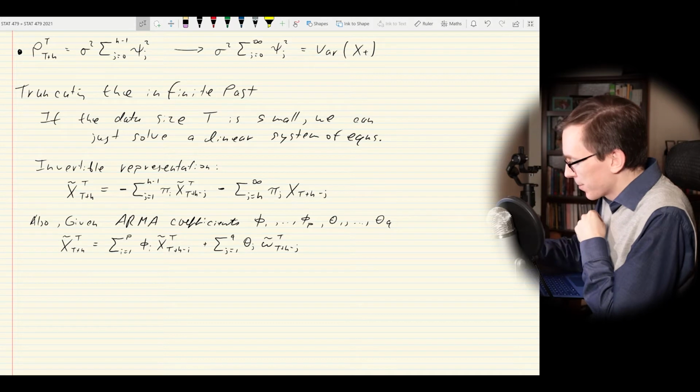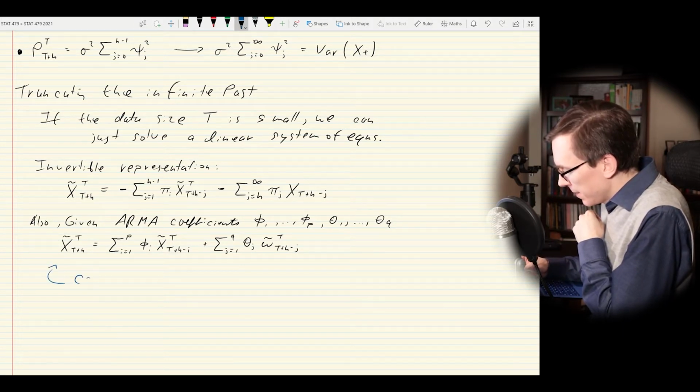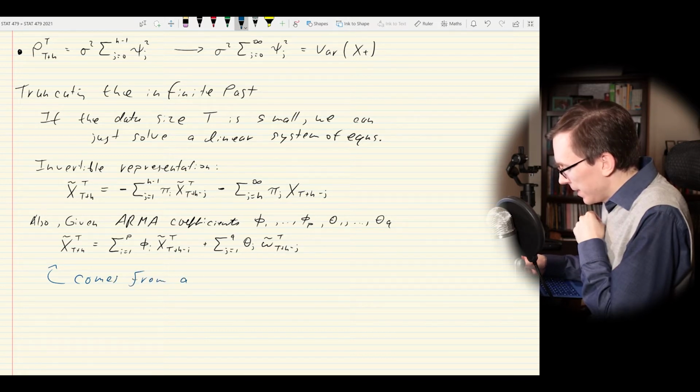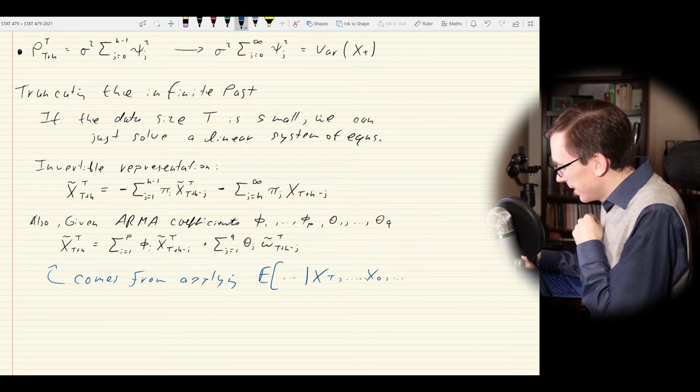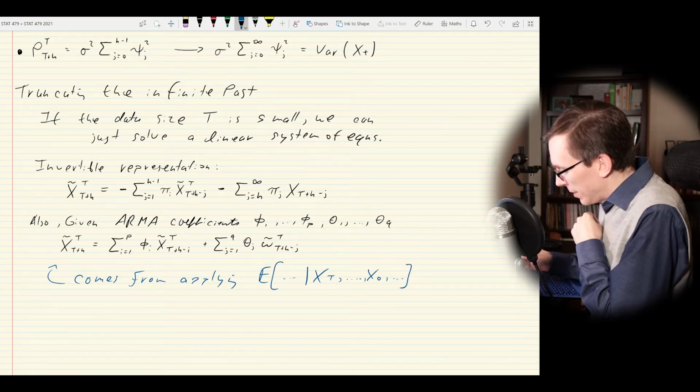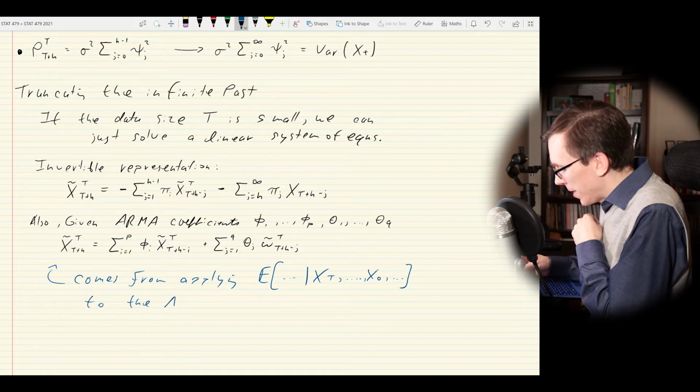And what this is, right? This comes from applying the expected value operator conditioned on the infinite data into the past, applying this to the ARMA model.